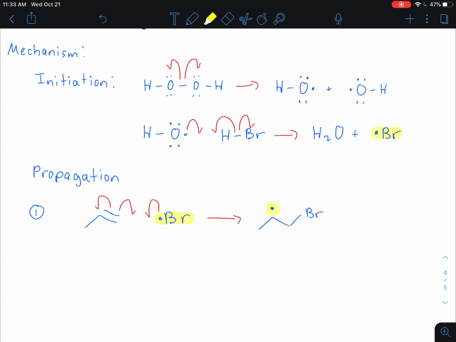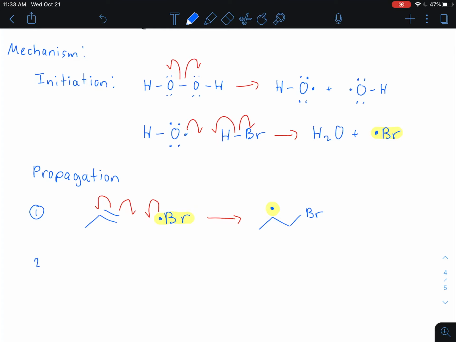So it makes more sense for the bromine to be delivered to the outside so the radical can form in the more stable position. And that's the whole driving force for making this an anti-Markovnikov reaction. When the bromine adds, it adds such that we form the most stable carbon-based radical.